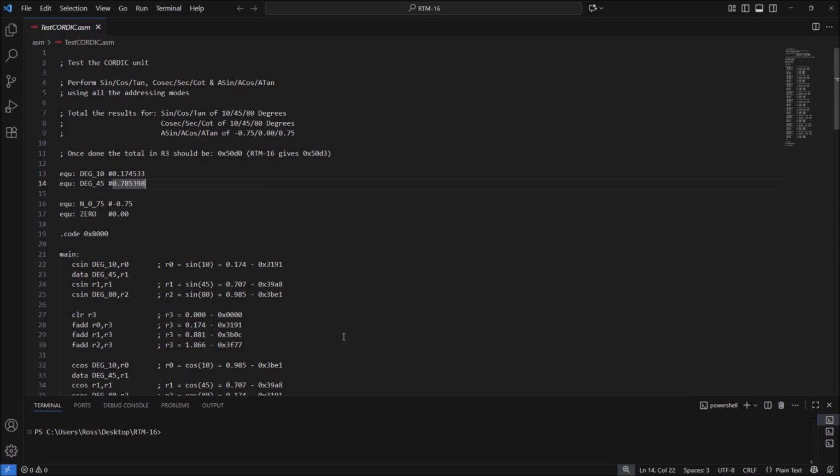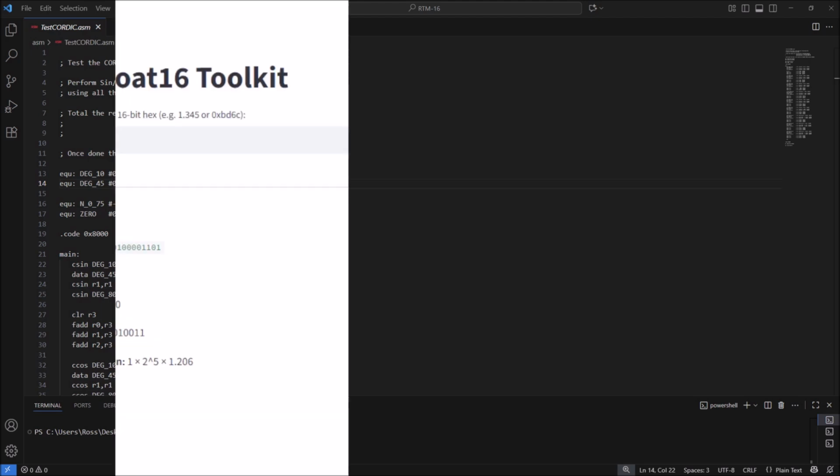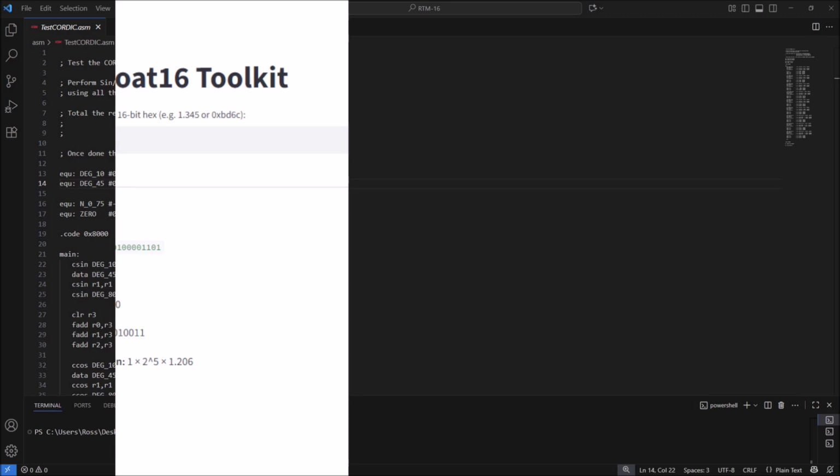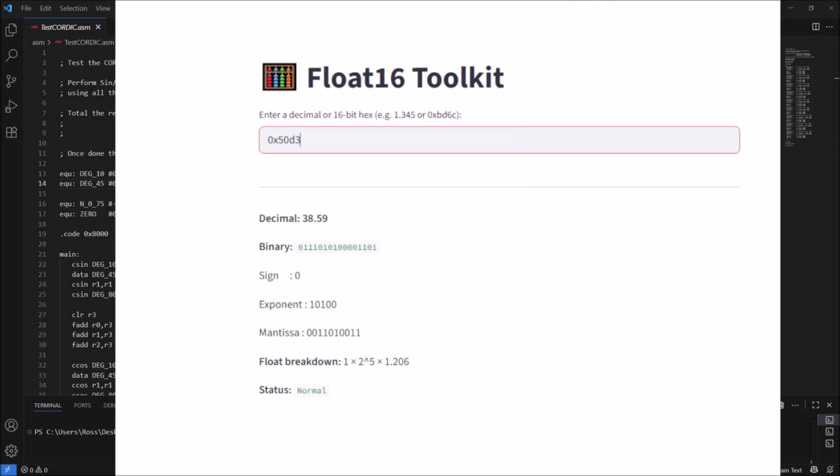And in fact, we can have a wee look and see exactly how close this is. I've got an online tool, which I will bring up here. This is the online tool, and from this tool we can put in the values and see how close we are. What we should get is 0x50D0.